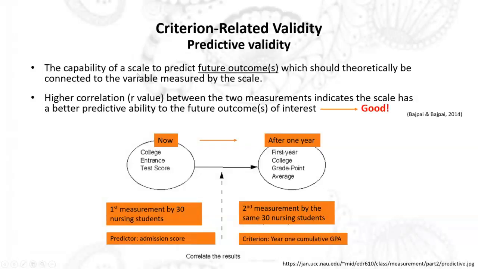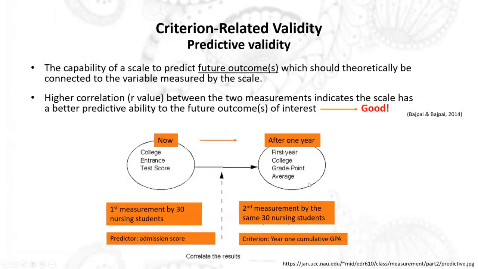First point, predictive validity: the capability of a scale to predict future outcomes. That is not now, maybe two weeks after, or one year after, or after you graduate, which should theoretically be connected to the variable measured by the scale.